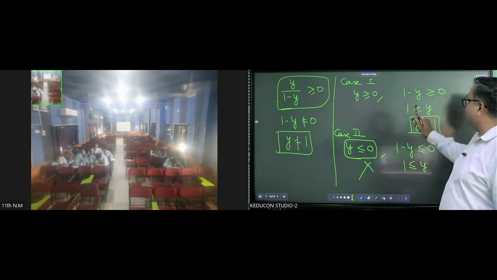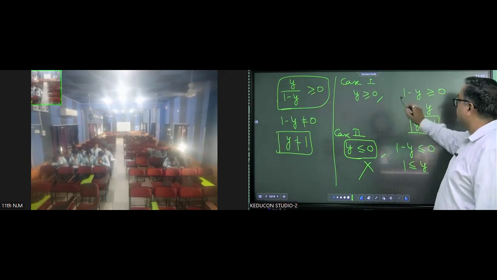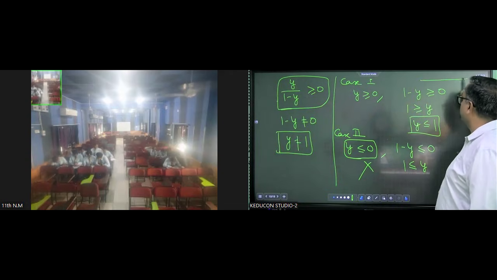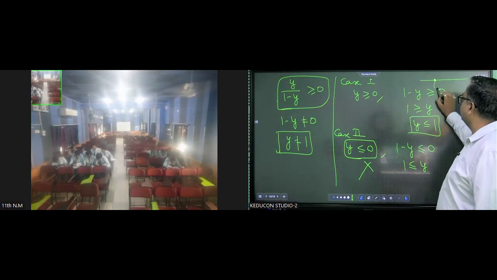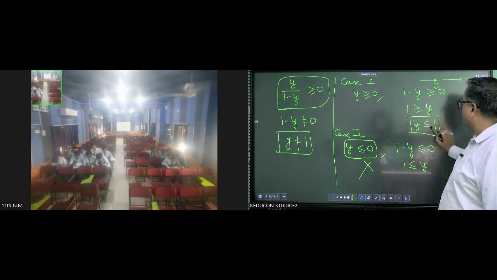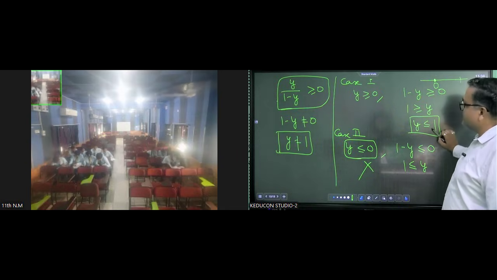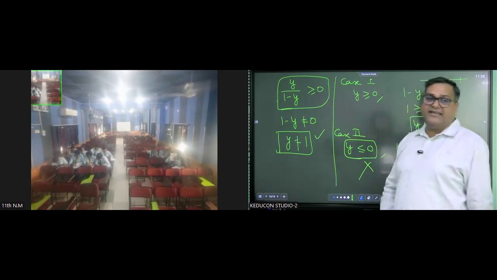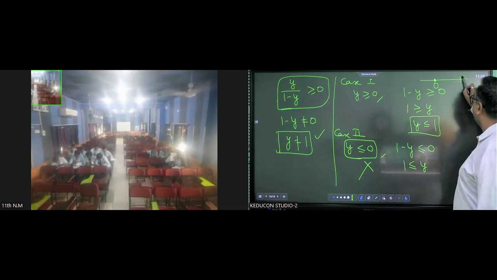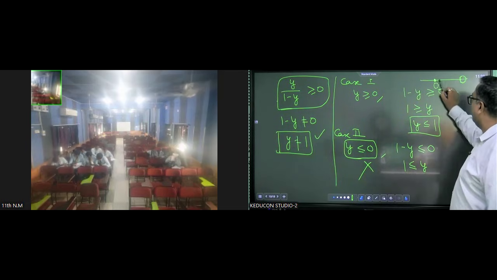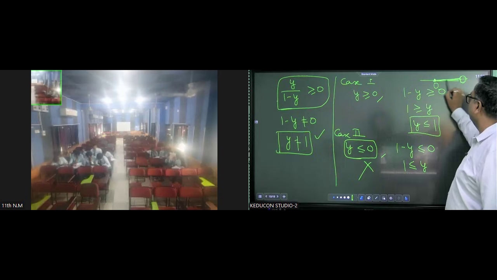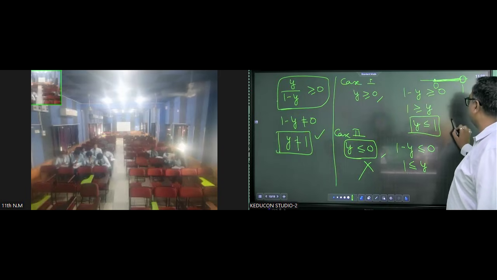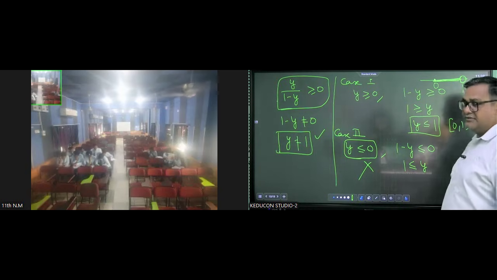तो अब पहले वाले रिजल्ट पे आ जाएं जी. y is greater than equal to 0, तो y will lie, this is 0, this is 1, right? But less than equal to 1. But here the exception is there, y is not equal to 1. तो 1 पे बच्चे होल आएगा और आपकी जो रेंज हो जाएगी that will be 0 to 1. 0 included but 1 is not included.